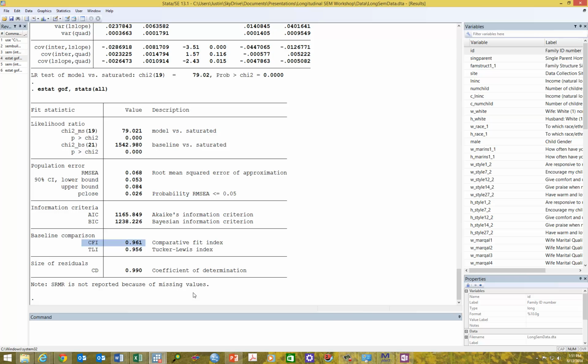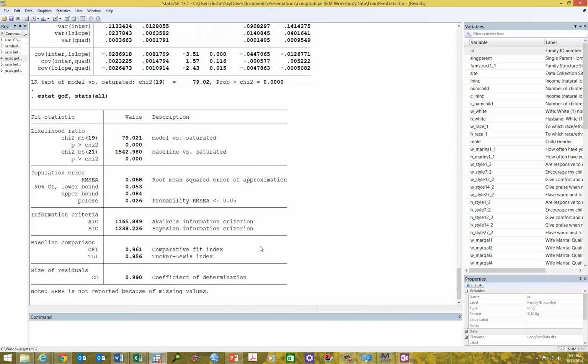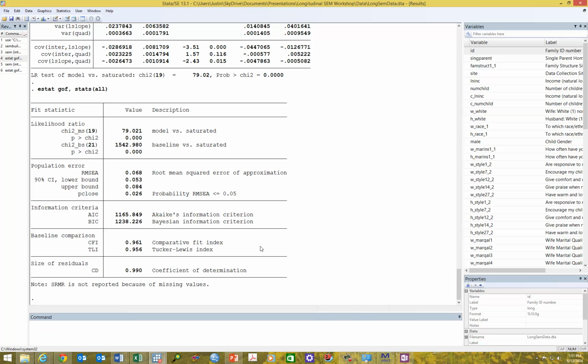So that increased about 0.07 for the CFI. We now have a much better fitting model now that we've added the quadratic slope. So you would definitely conclude that yes, there is a curvilinear relationship going on with child internalizing problems from age 10 to age 16.